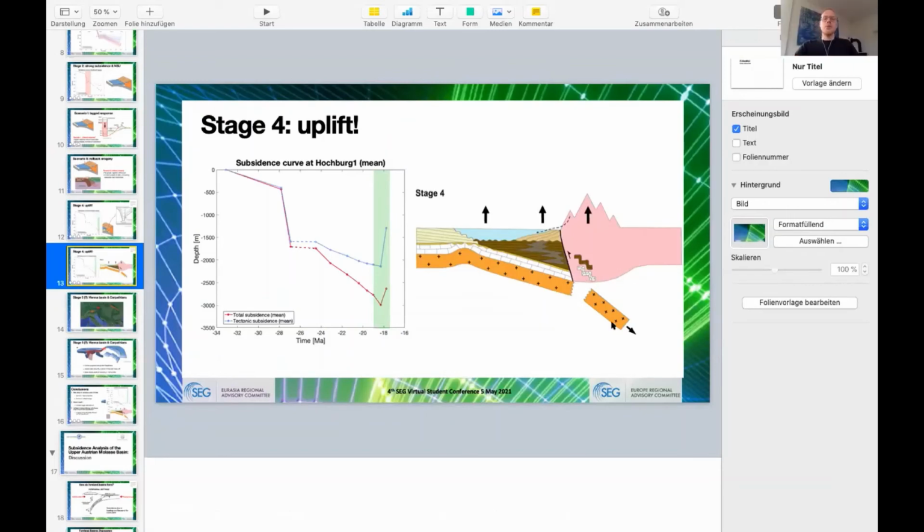So the idea here is that if you remove the slab below the Alpine orogen, this is such a huge load, this whole slab that was or is thought to be approximately at a depth of 200 kilometers at that time. So if we remove this whole load of a slab of the lower plate of the European plate, the idea is that you have kind of a bounce back of the European plate here, and thereby you create not only uplift in the foreland basin, but in the whole Alpine region here.